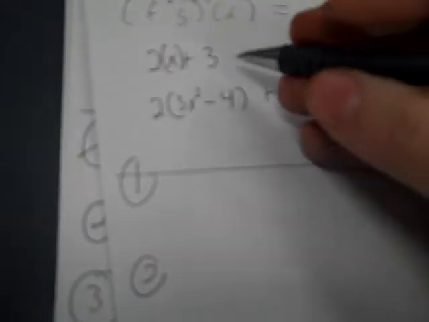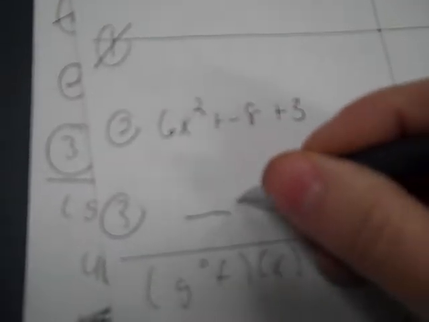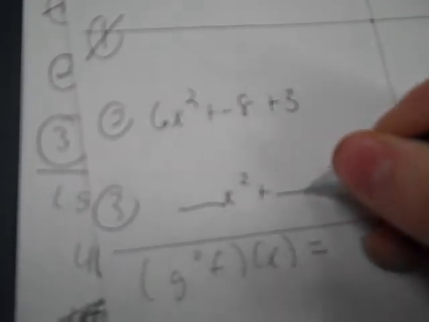Okay, 1, 2, 3. After the input's been filled out, you're ready. You have a power, but it's just to the x. So you got to multiply 2 in here. So that becomes 6x to the second plus negative 8 plus 3. Now collect like terms. X seconds your highest, followed by x, followed by constants.